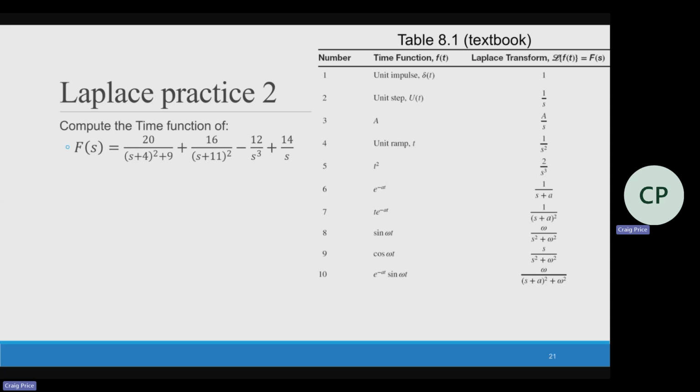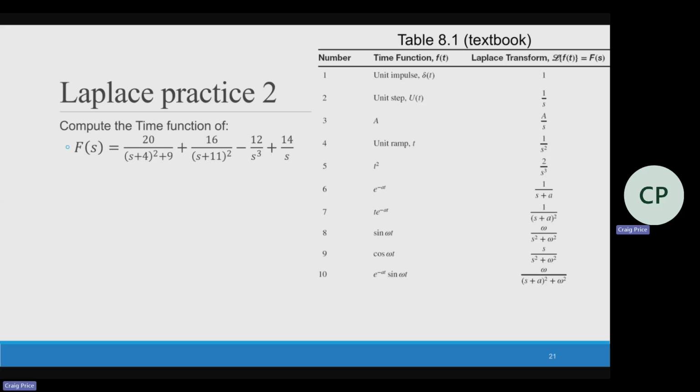What I'd like you to do, this is Laplace practice 2. I want you to go backwards. I want you to use the table to find the time function of this set of equations, this one large equation. So use the table, go one at a time.